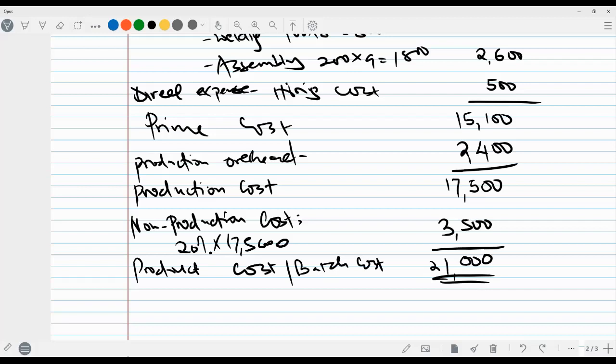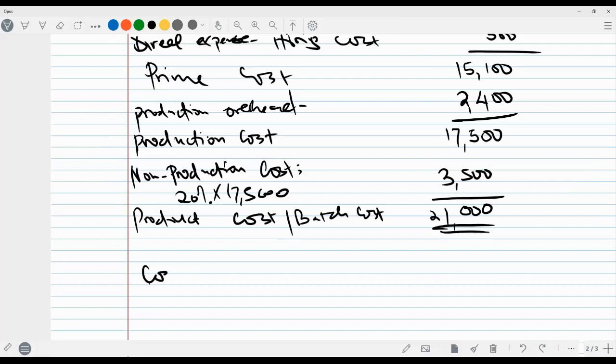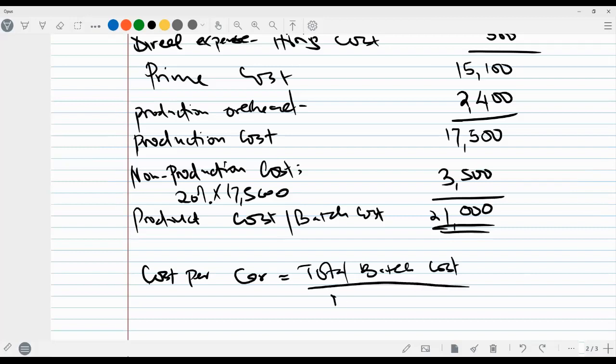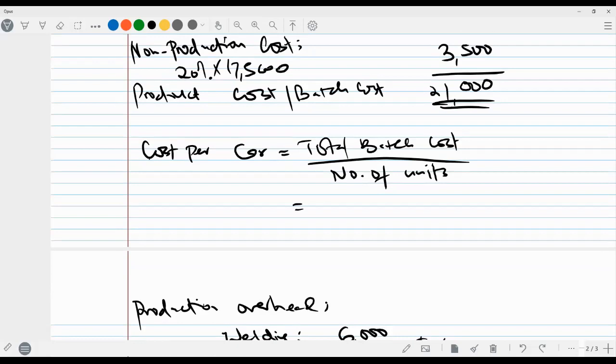Now you want to get the cost per unit within that batch. Therefore, cost per unit, cost per car. In this case, I think they're cars. The cost per car will be equal to the total batch cost divided by the number of units. The total cost is 21,000, divided by the number of units, which are 250.